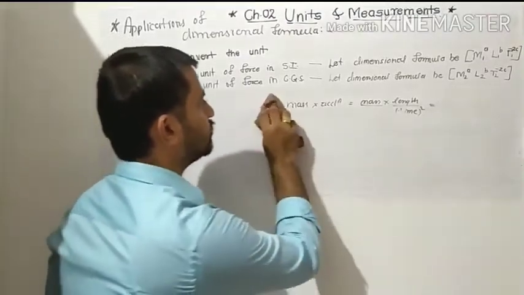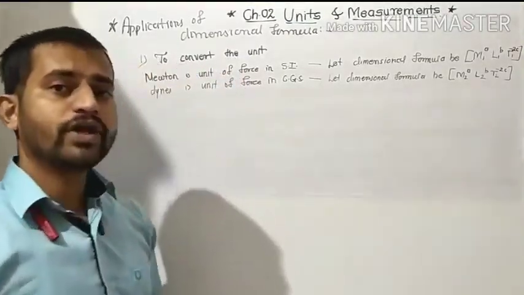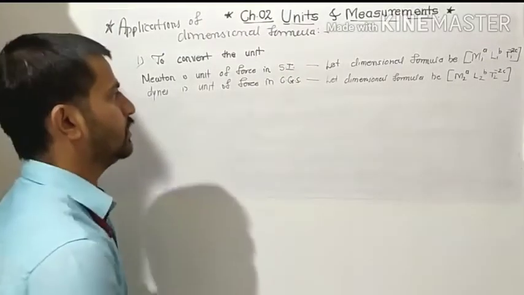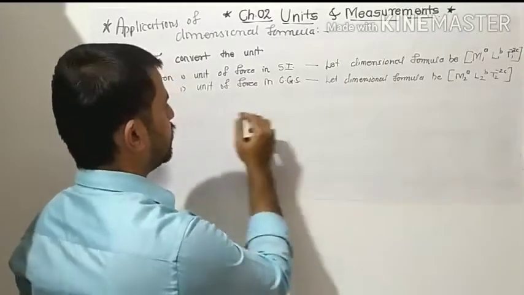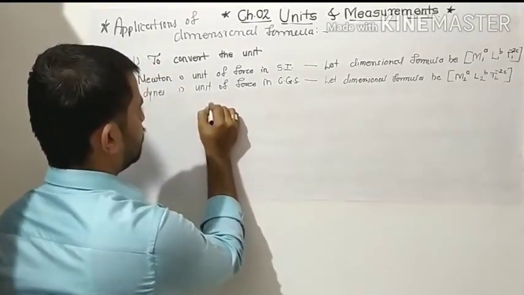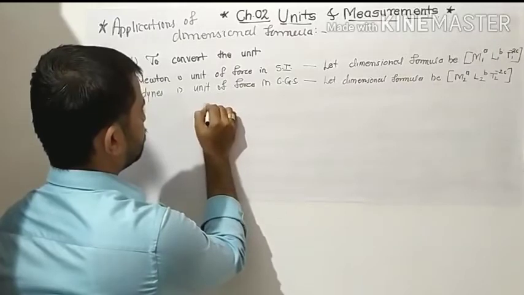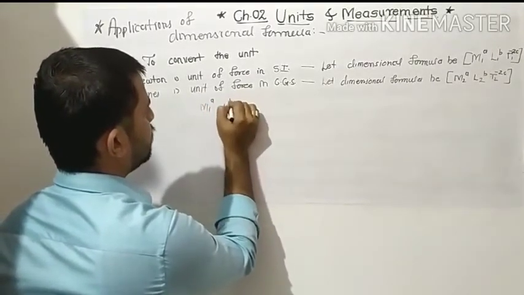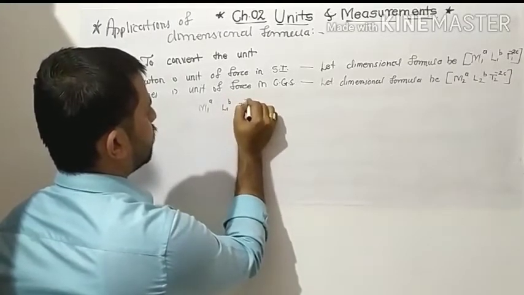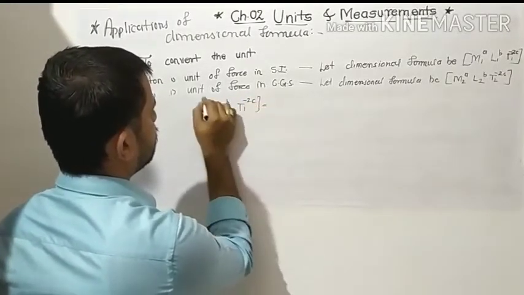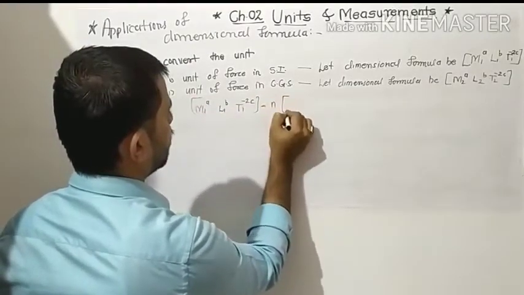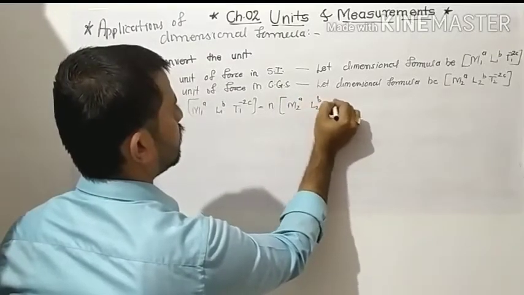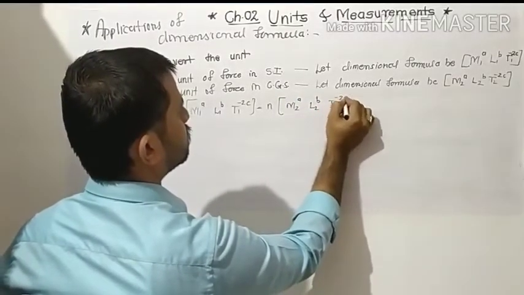So here we will write M1 raised to a, L1 raised to b, T1 raised to minus 2c is equal to n into bracket M2 raised to a, L2 raised to b, and T2 raised to minus 2c.